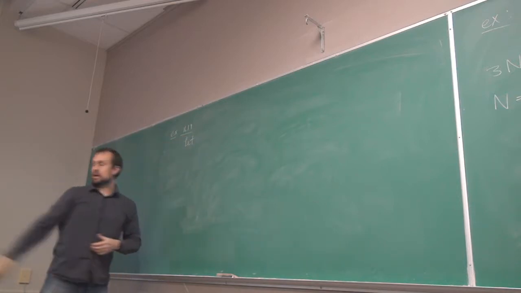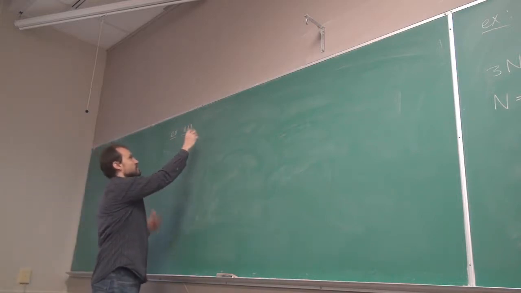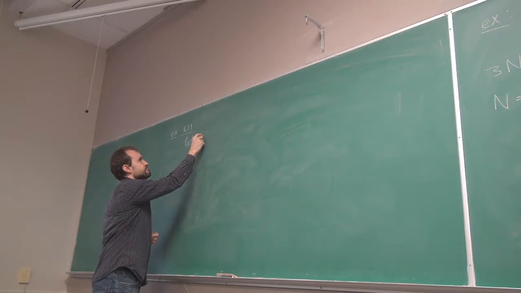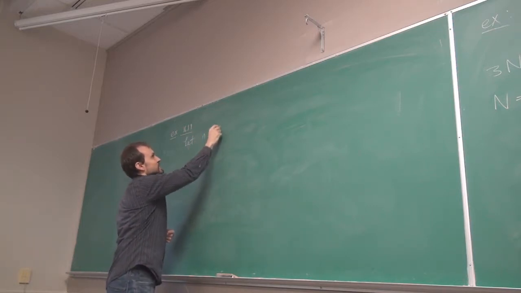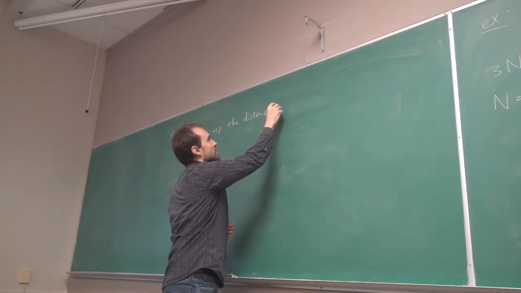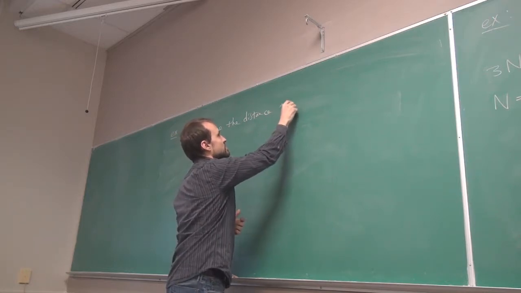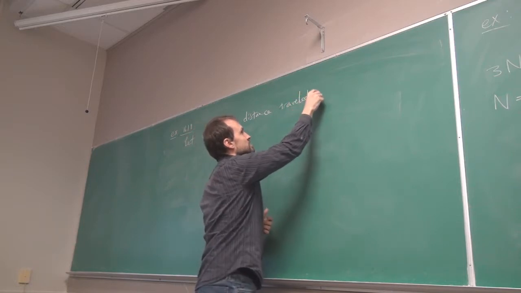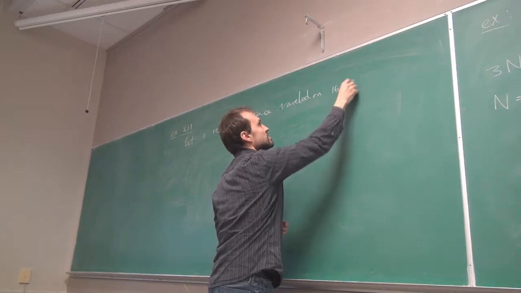So I choose a variable to represent what I'm looking for, and that is the distance I can go on 16 gallons. What do you want to call it? N? N. You always put N. Yeah. Let N represent the distance travelled on 16 gallons.